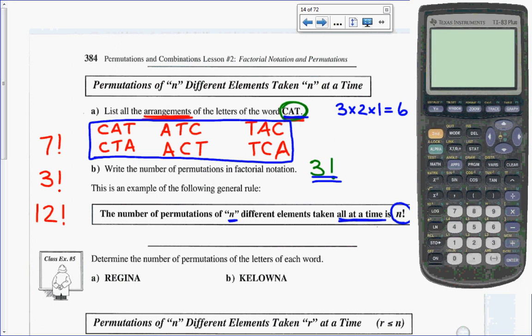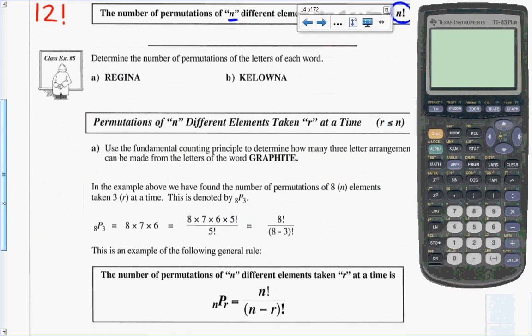Okay, so let's try class example number 5 then. How many different permutations, order matters, that's what that word says to me, order matters. How many different permutations of the letters of each word can you make? So, Regina. Now I have to use all the letters. So how many letters are there? 1, 2, 3, 4, 5, 6 letters.